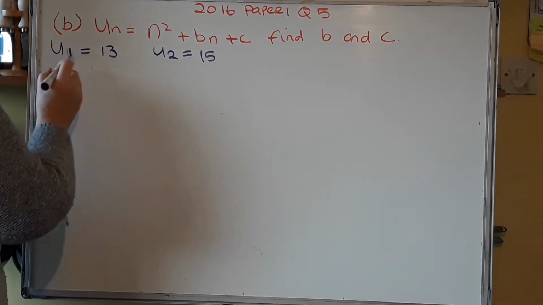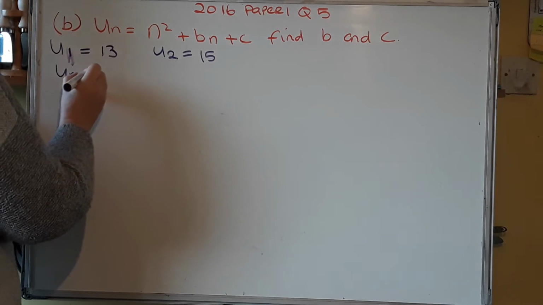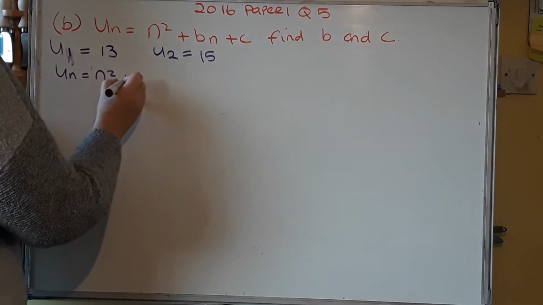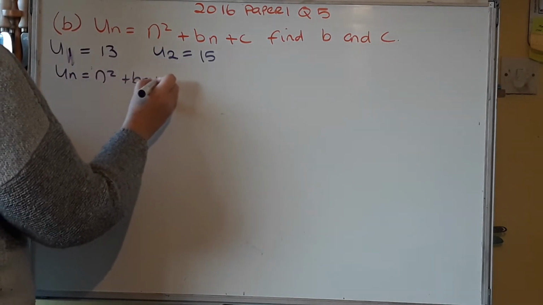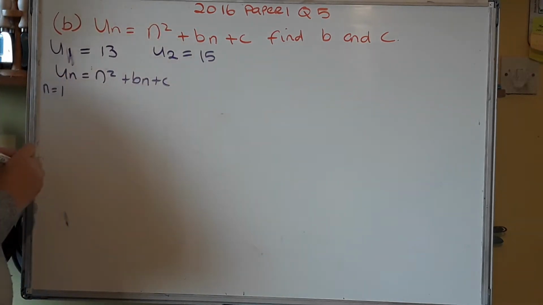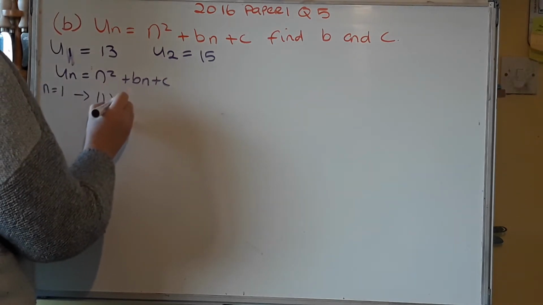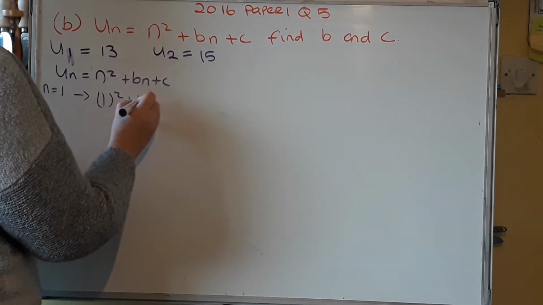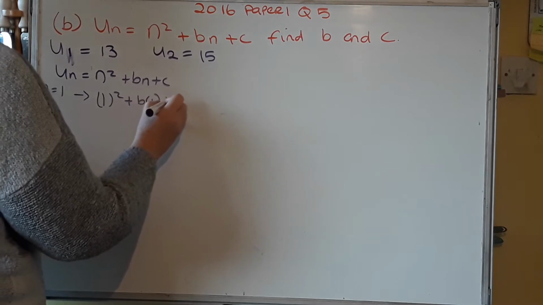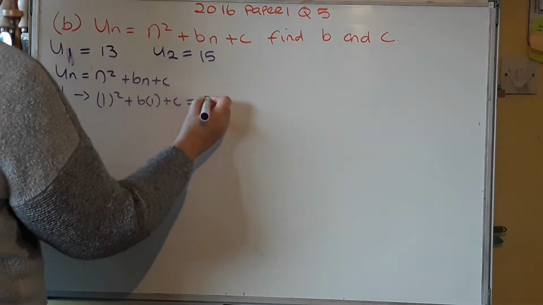So when n is 1, you have un equals n squared plus bn plus c. But we know now that n is 1, so I'm going to put 1 in everywhere we have n. So that's 1 squared plus b times 1 plus c, and we know that it's equal to 13.